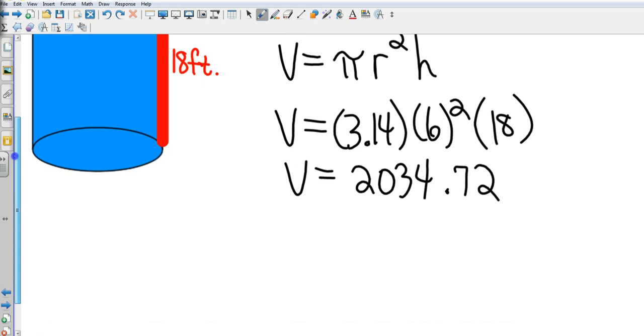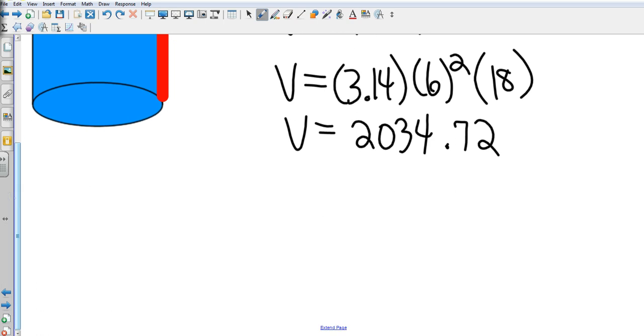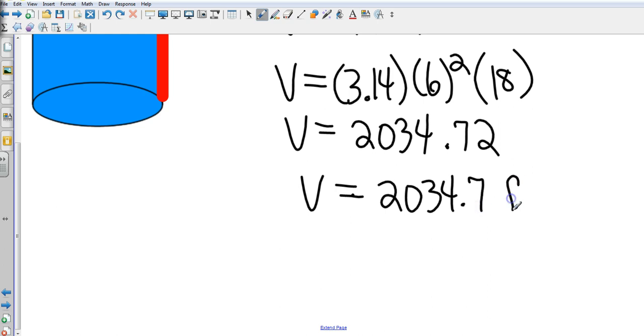That gives me a grand total of 2,034.72. And then I'm going to round that to the nearest tenth, so 2,034.7. Now this is volume, so this is going to be feet cubed.